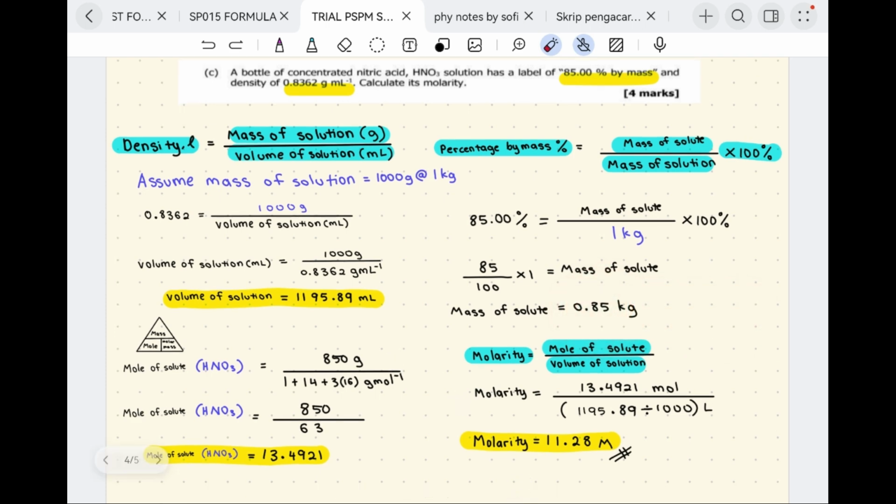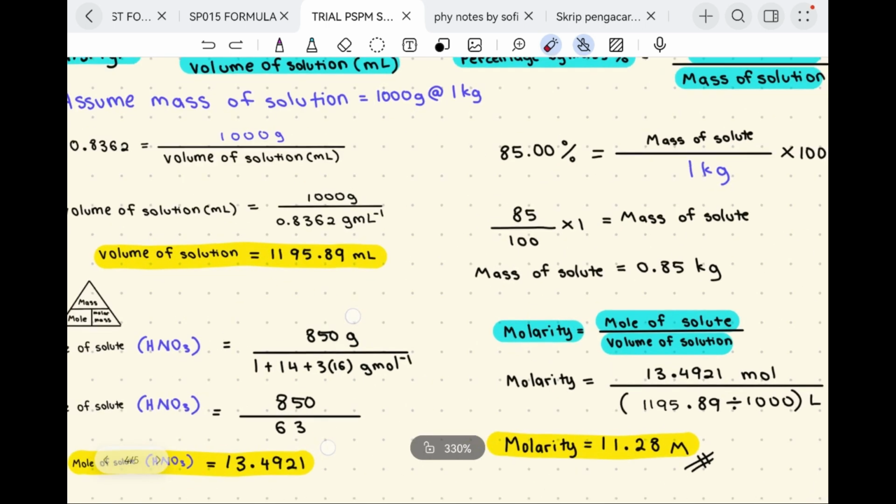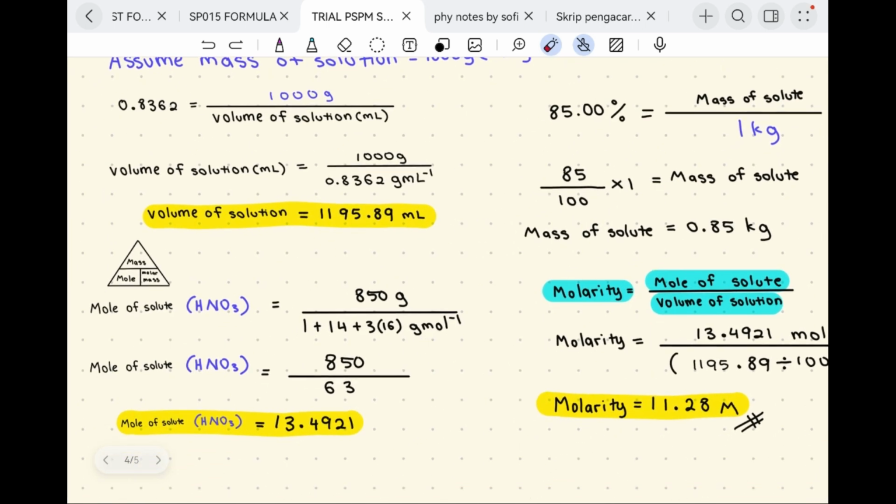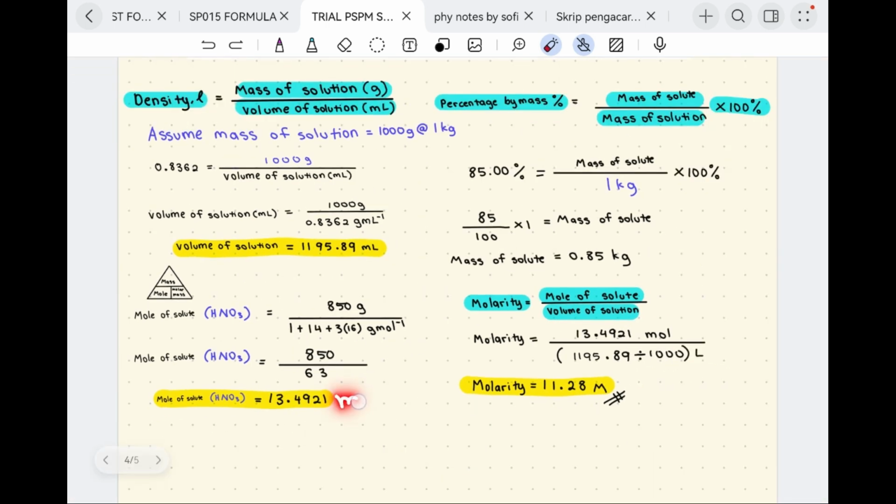Now we know the mass of the solute, and then we find the molecular mass of the compound, and when we do the division, we will obtain the mole of solute, which is 13.4921 mole. I'm sorry, I didn't put the unit. You must put the unit after each answer.